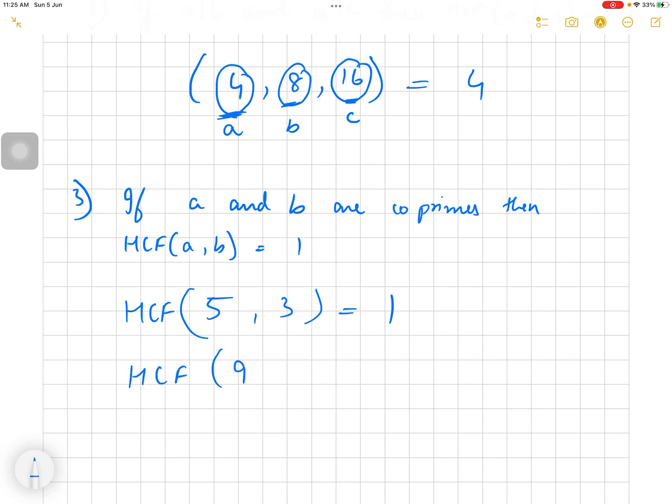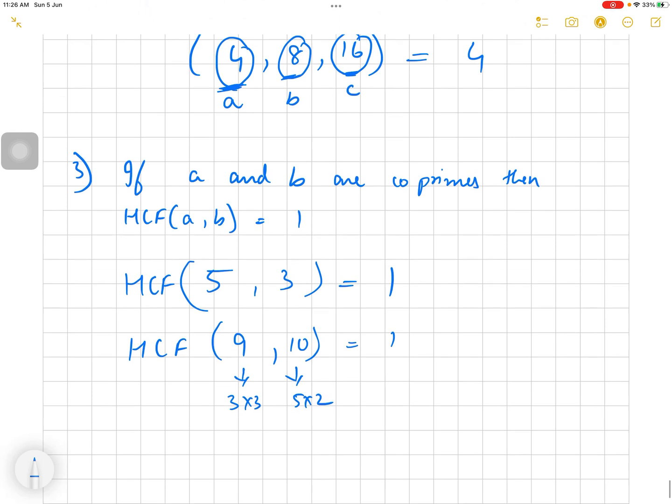Similarly, HCF of 9 and 10 is also 1, because 9 is 3 into 3, 10 is 5 into 2, nothing is common. Correct? So HCF will be 1. This is the third note.